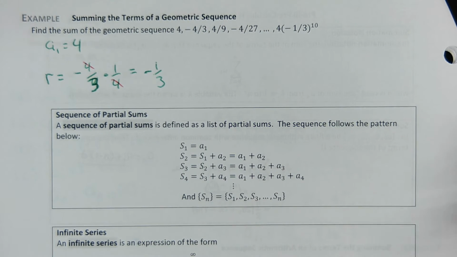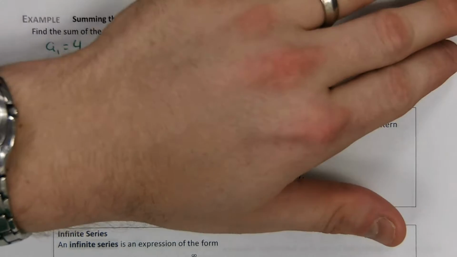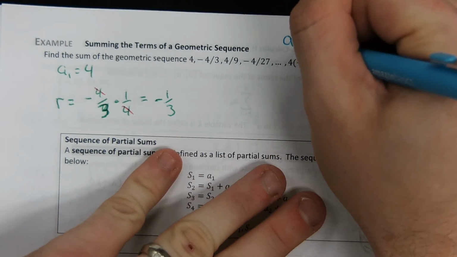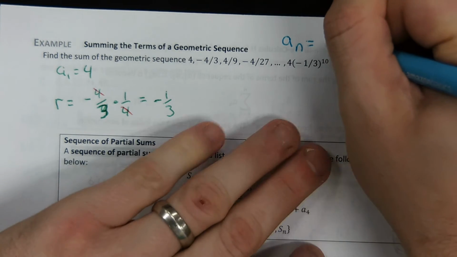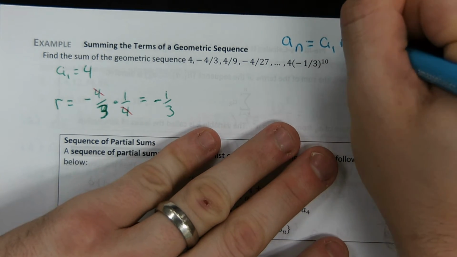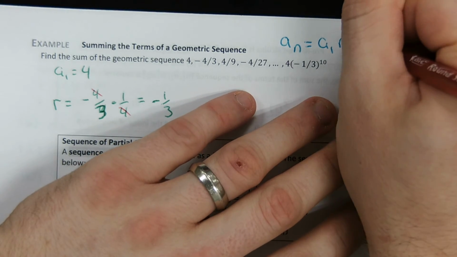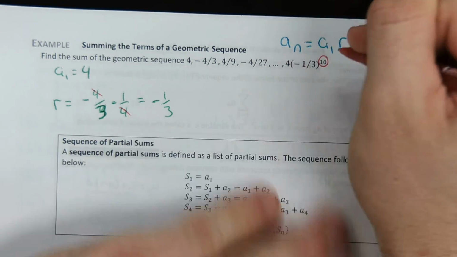Well, all we need to know now is how many terms there were, right? You've got all the information you need to figure out what these things add up to. There's not 10. But why? Because the general term of a geometric sequence is a sub 1 times r to the n minus 1, where n minus 1 equals 10.